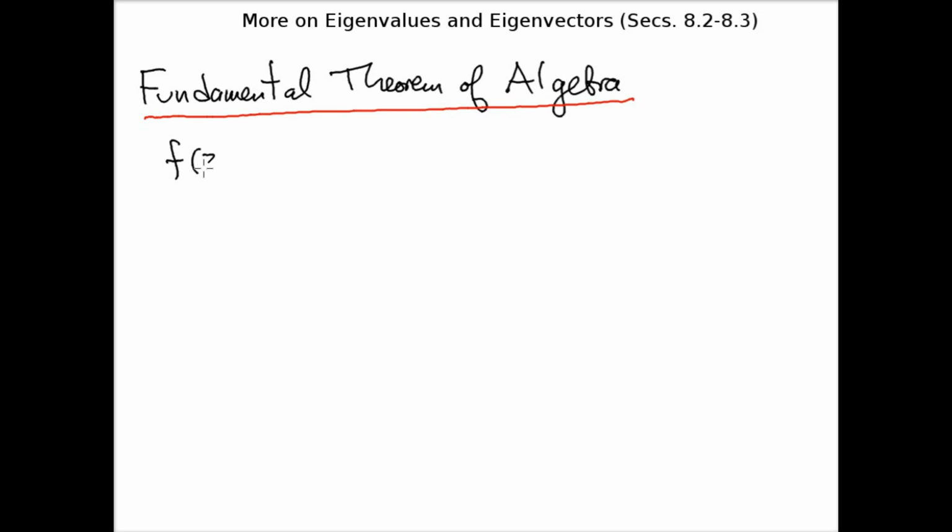Suppose I have a polynomial f of z is a0 plus a1 z plus ... plus an z to the n, where the a's are complex. And I'm using z here. When you're talking about complex numbers, it's more common. You can think of z as being x if you want. Take a polynomial of degree n.